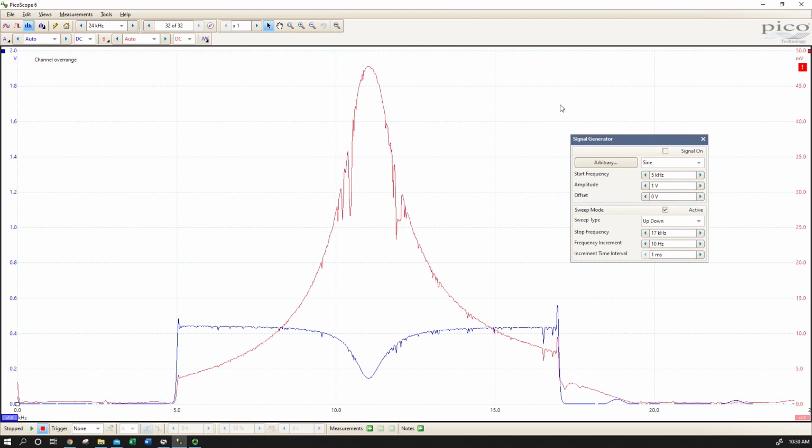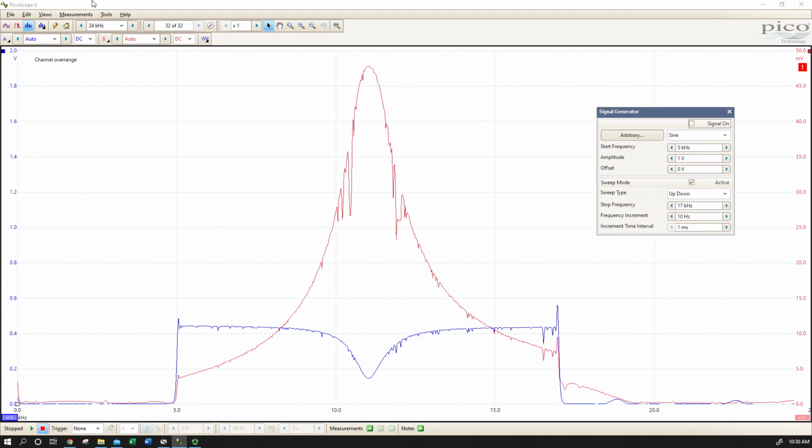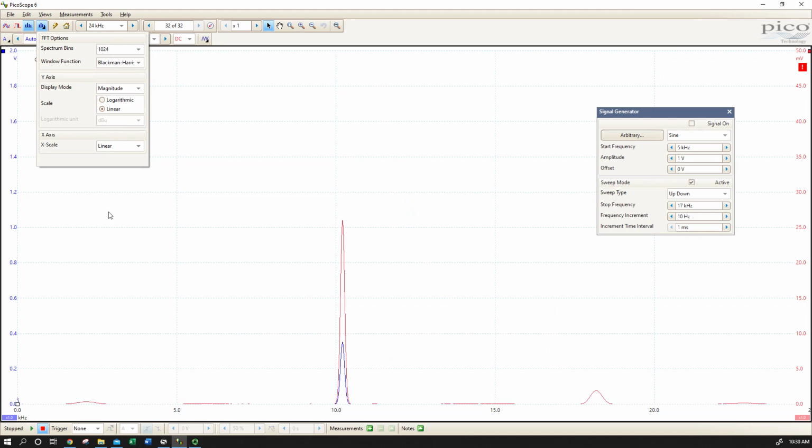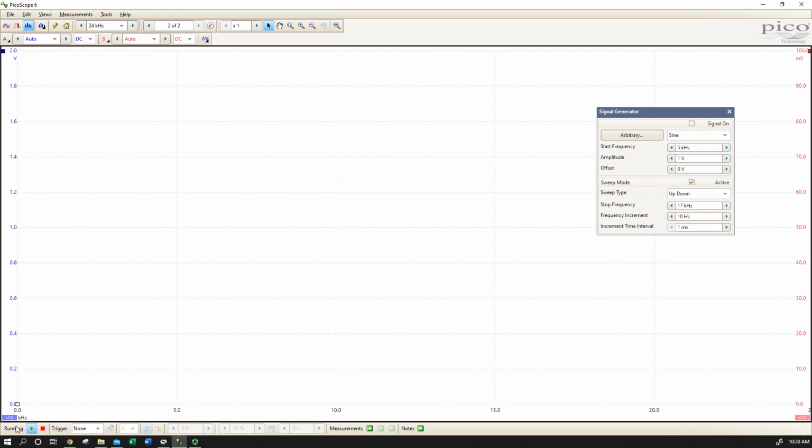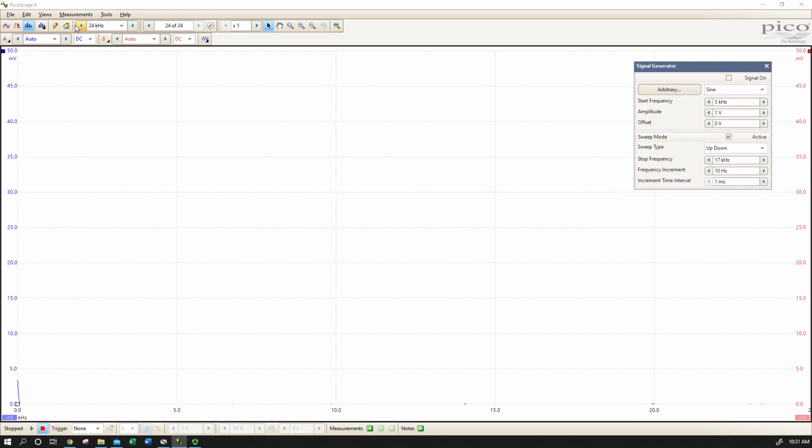So that is about it for our brief tour of using our frequency-based data collection, or our spectrum analyzer, on our Picoscope. If we want to get better and better signals, first we'll go ahead and clear our screen by running and stopping.